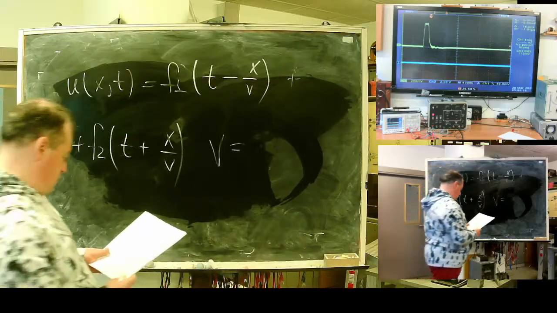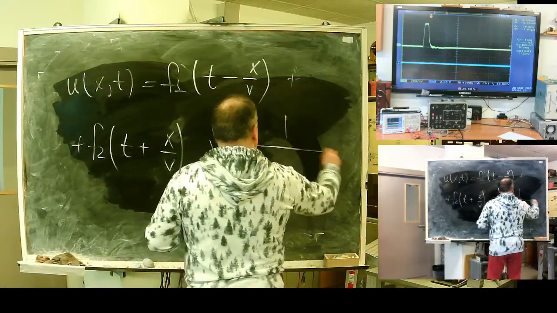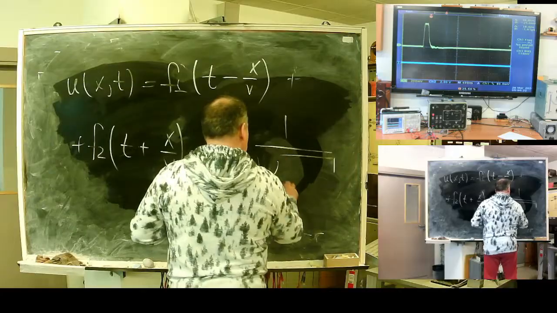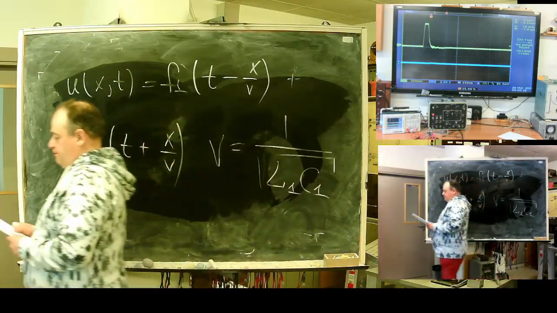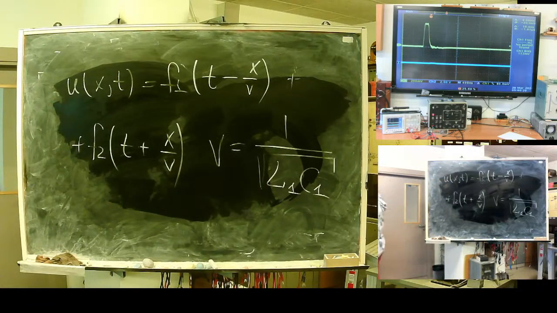Speed of propagation is 1 divided by square root of L1 C1. It's the speed of wave propagation.